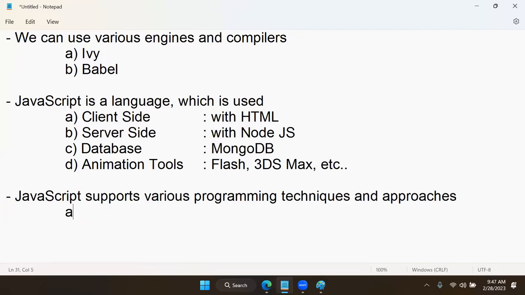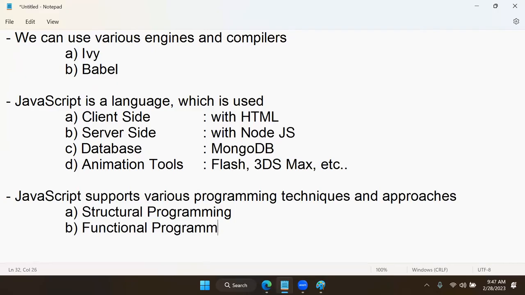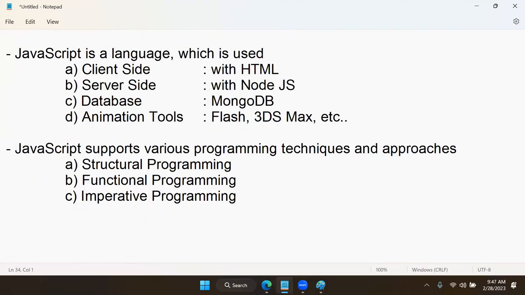It supports structural programming. It supports functional programming. It supports imperative programming. So it supports different types of programming. It supports object-oriented programming.